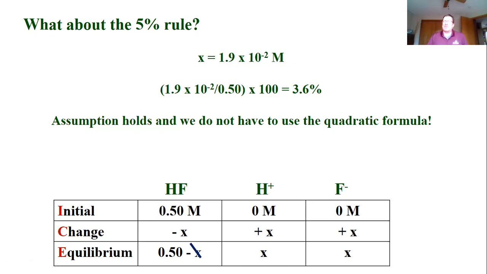If it didn't meet the 5% rule, then again, you would have to plug in the whole thing as X times X over 0.5 minus X equals 7 point whatever the Ka. You'd have to solve the whole thing out, get your X squared, your X, your number, and then do the whole quadratic equation.